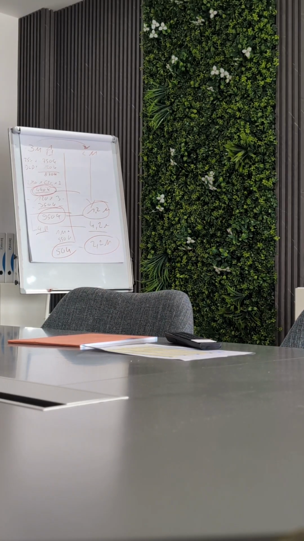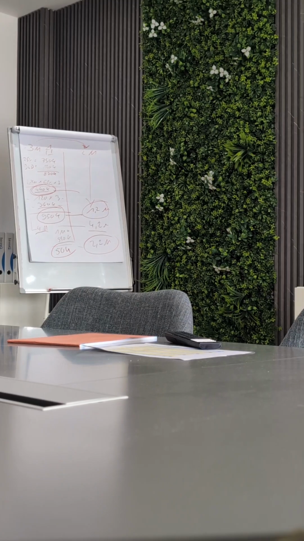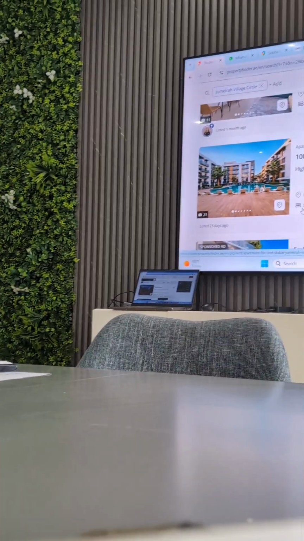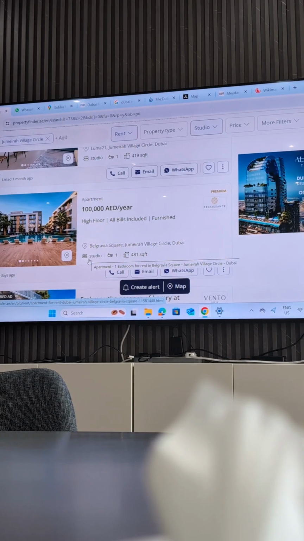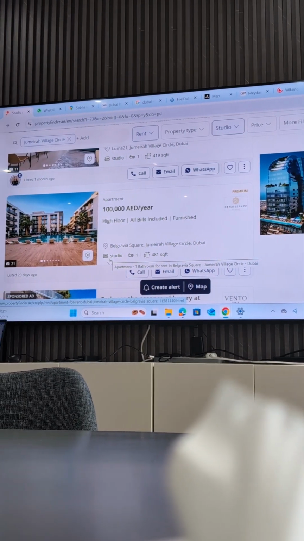If I have the money, I will buy it. But it makes no money. It makes no sense on this market. In Australia, yes. Melbourne, New York, somewhere in Canada, yes. Italy, Spain, yes, but not Dubai.